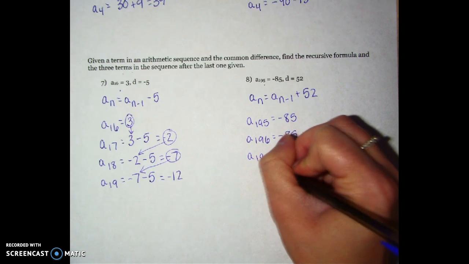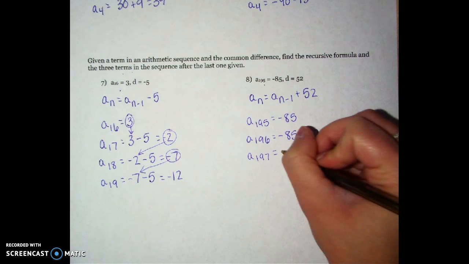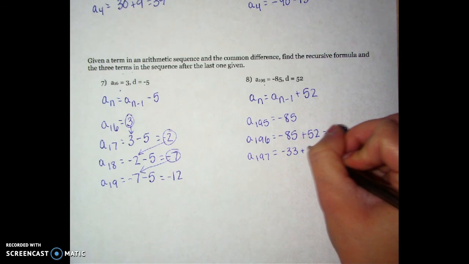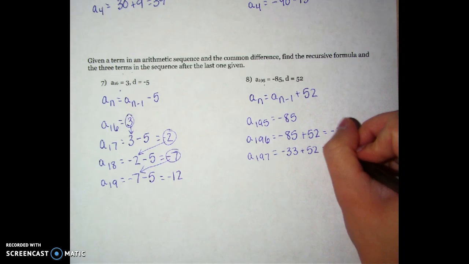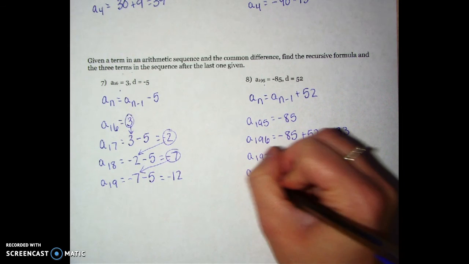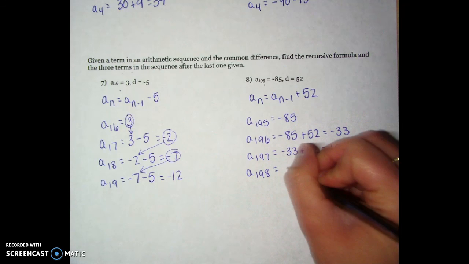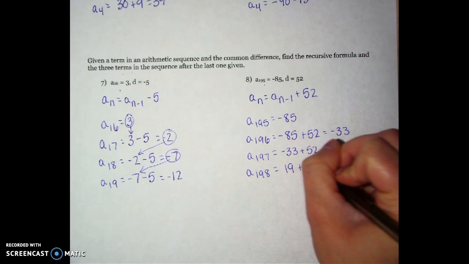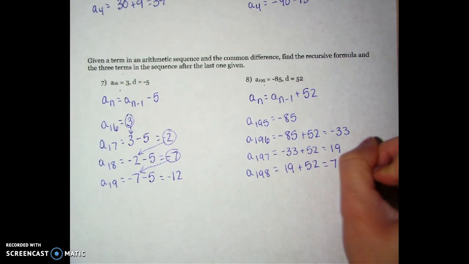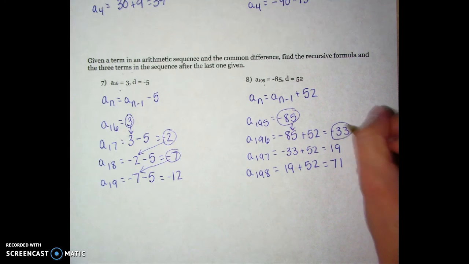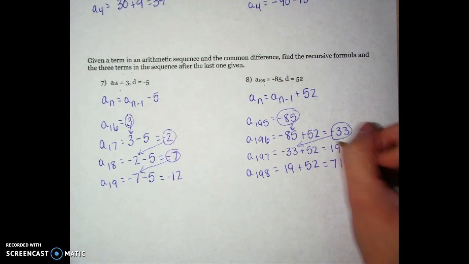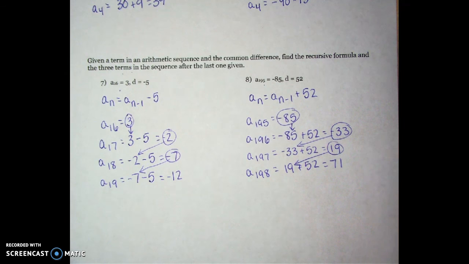A sub 197 is negative 33 plus 52, and that's 19. 198, this is 19 plus 52, which is 71. So I took that negative 85, plugged it in there. Negative 33 goes right there, and the 19 goes right there.